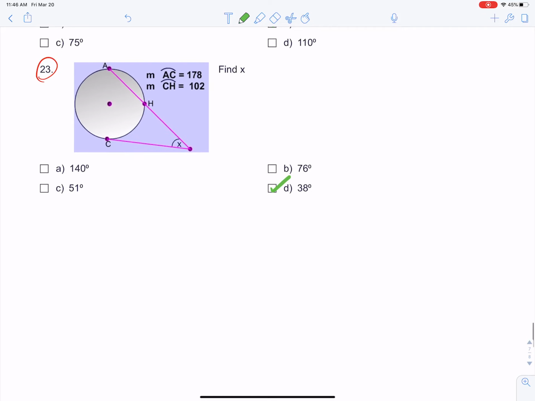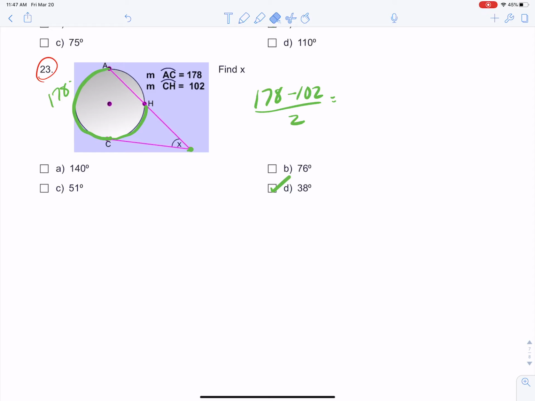Okay, now in this problem it's asking you the same exact thing. It's asking you for an angle that is outside of a circle. If it's on the outside of the circle, you take the two arcs that it intercepts, which are 178 degrees and 102 degrees. You find the difference of those two and divide it by 2.